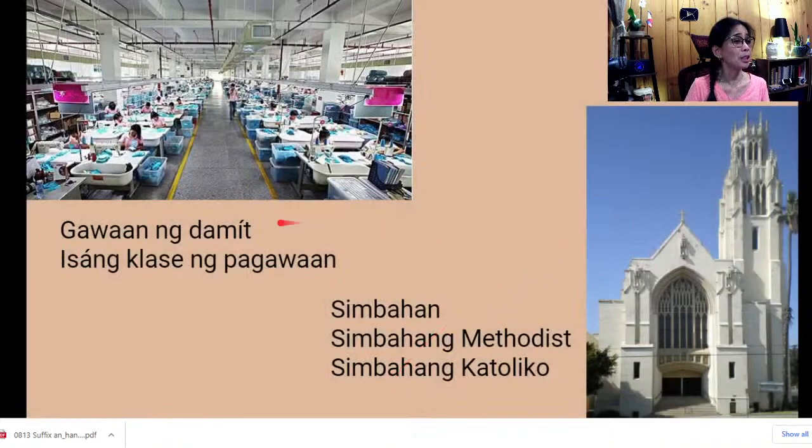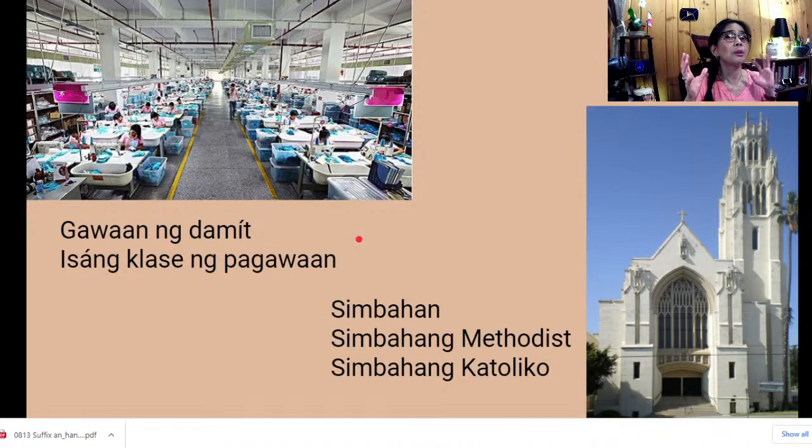We have pictures here. So you see from the first picture, it's where people are working. So it's a garment factory. You say that in Tagalog, gawaan ng damit. Gawaan ng damit. So that means it's where clothes are being made. And then you can also expand further.